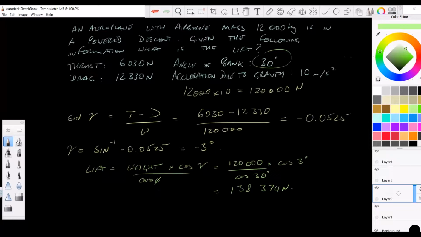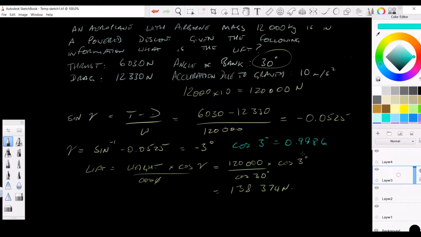So what I'm going to do here is ignore that. I'll explain how close it is. Let's plug in cos of 3 here as an extra little bit. So cos of 3 degrees is 0.9986.